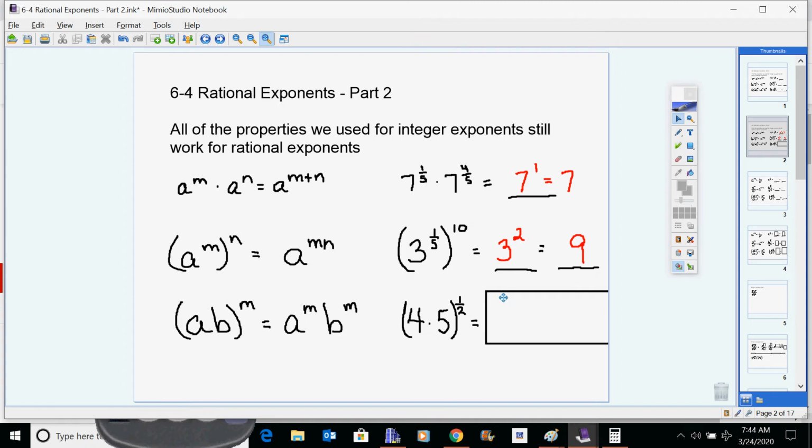So 4 times 5 to the 1/2 power, we're going to use the rule that when you have a product to a power, each one of these gets that exponent brought into it, because this is really AB times AB times AB this many times, so there's the same number of A's as there are B's here. So this 4 to the 1/2 times 5 to the 1/2, we know that this is our index in our radical.